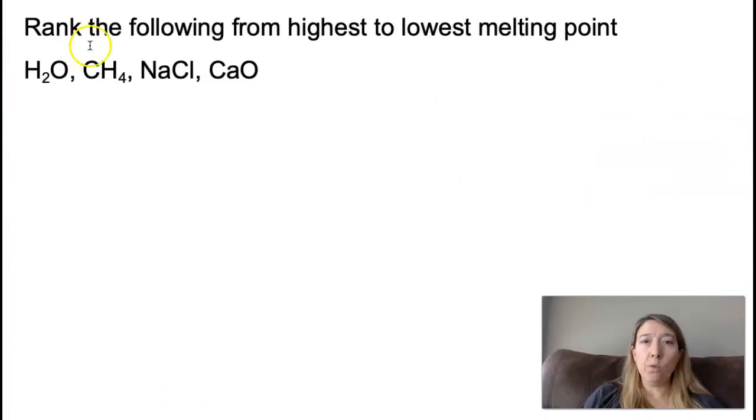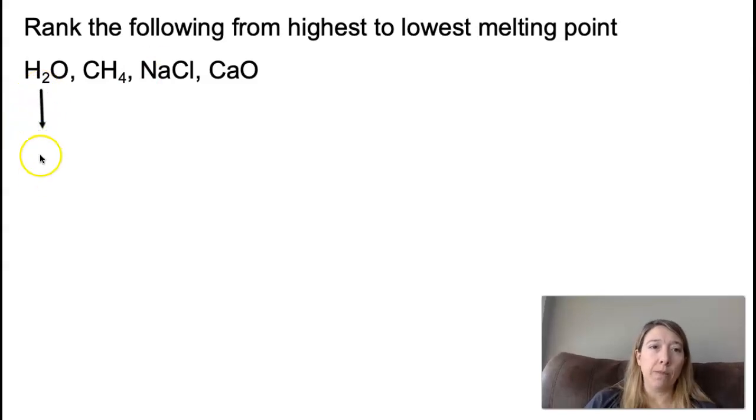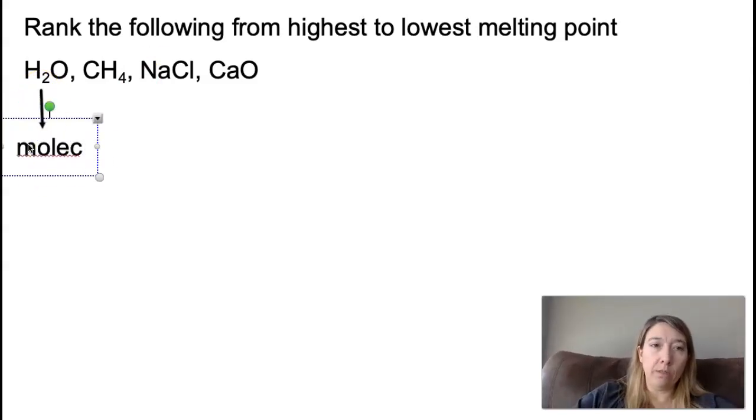Okay, so let's rank the following from highest to lowest melting point. So we have water, we have methane, we have sodium chloride, we have calcium oxide. So we want to start by figuring out what kind of molecule is it. So if we have water, water is going to be a molecular compound.